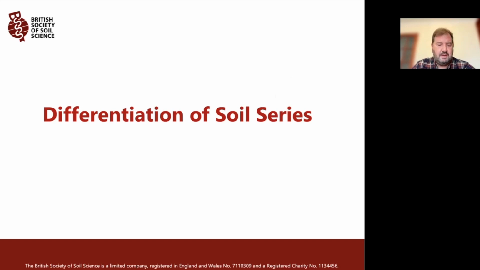So let's just quickly think about the way that we differentiate soil series. There's a number of ways that we can do this, and I'll come back to this perhaps in a bit more detail at the end, but it gives us the ability to differentiate at fine scales. Why do we do it?